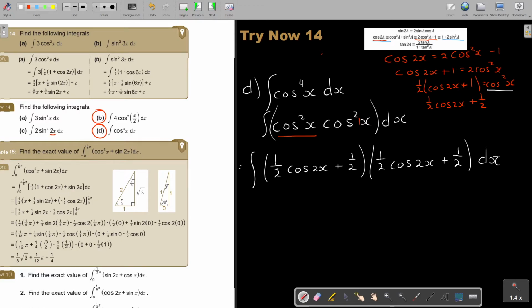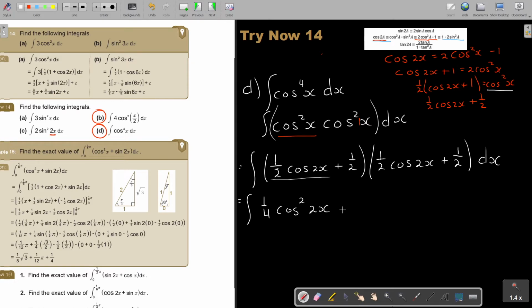Now, what am I going to do now? I'm going to multiply these brackets out. So, still I did not integrate. I take this term and I times. So, I get a quarter cos, and remember, it's square 2x, because cos 2x times cos 2x, and we write the square there.